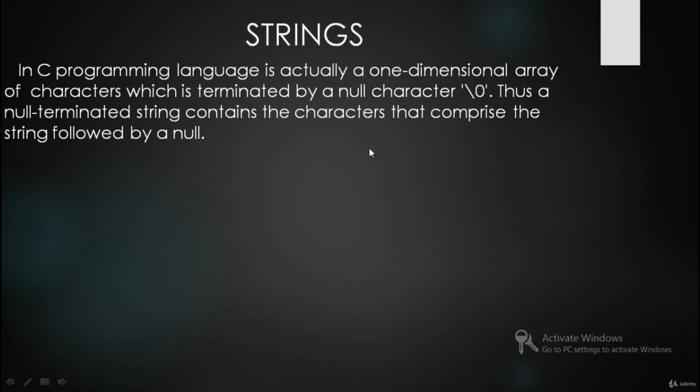Hi, in this section we are going to learn something about strings. In the C programming language, a string is actually a one-dimensional array of characters which is terminated by a null character denoted by \0. Thus, a null terminated string contains the characters that comprise the string followed by a null.